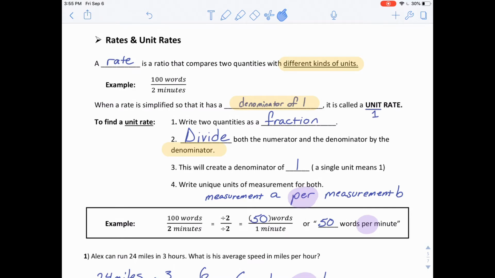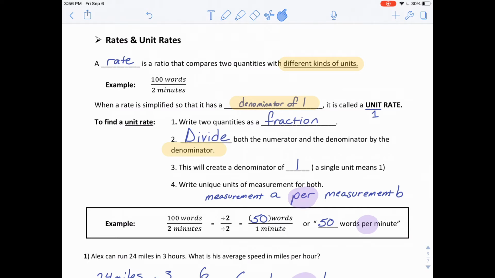Once we've divided our numerator by the denominator and our denominator by the denominator, we should end up with a unit rate. So if we look at that with 100 words to 2 minutes, we would not find our greatest common factor, but we would take our denominator of 2 and we would divide the numerator and denominator by that.